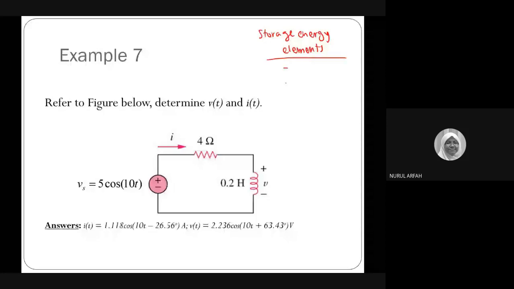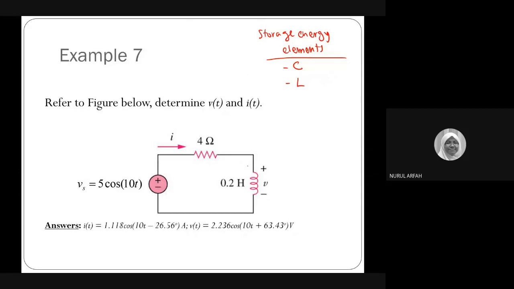Any guess? Capacitor. Okay, capacitor. Inductor, yeah. What about resistor? Is a resistor an energy storage element? No, right? Not a storage element.